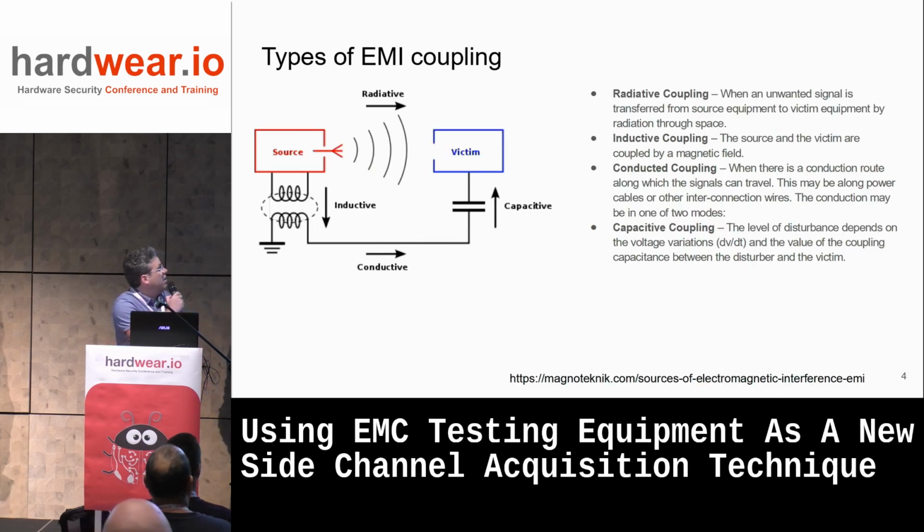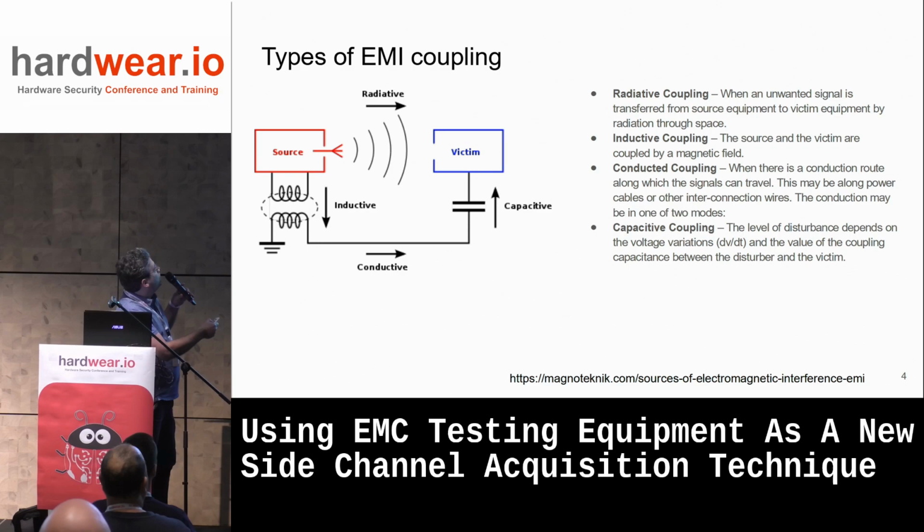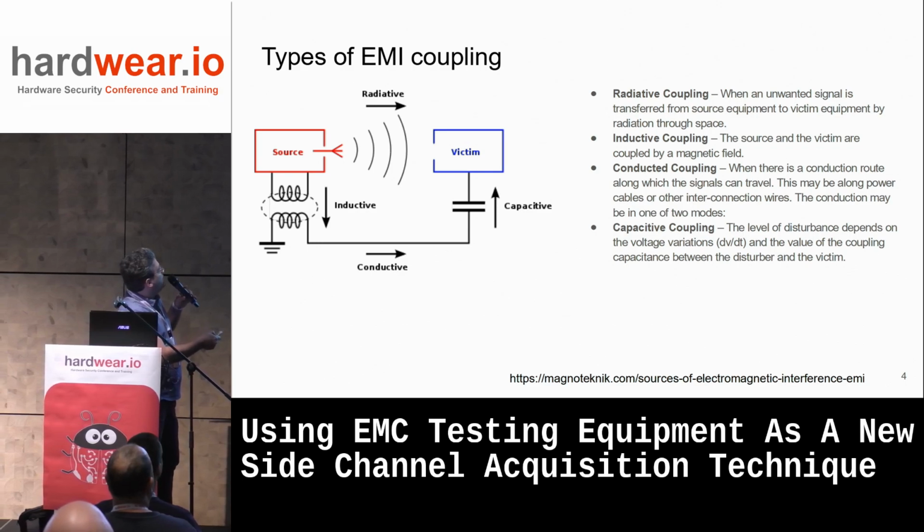So let's see different types of EMI coupling. So we have radiative, which we will see in another slide. It's mainly antenna. We have inductive coupling, and we have conductive and capacitive.